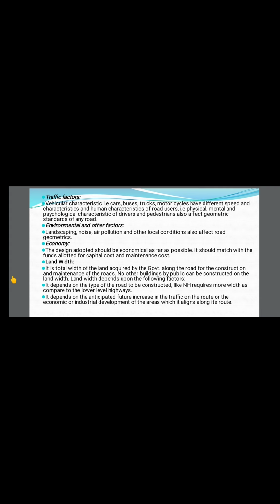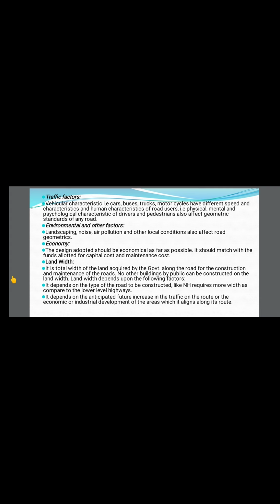It is based on the design speed; some vehicles have a higher speed, some vehicles have a lower speed. The design speed depends upon the vehicle again, whether it is a car, a bus, a truck, or a motorcycle. So based on that also the design speed is going to vary, isn't it? The speeds of the vehicles are varying, isn't it?